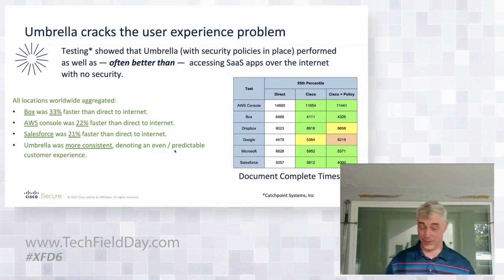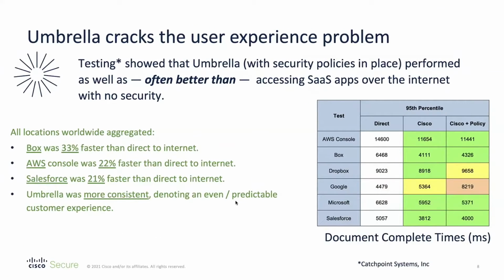What you see here is pretty interesting, because it shows you that by going through Umbrella, it's actually faster than if the user tried to go direct, which means they take whatever internet path they would have otherwise taken. So Box, 33% faster. AWS Console, 22%.